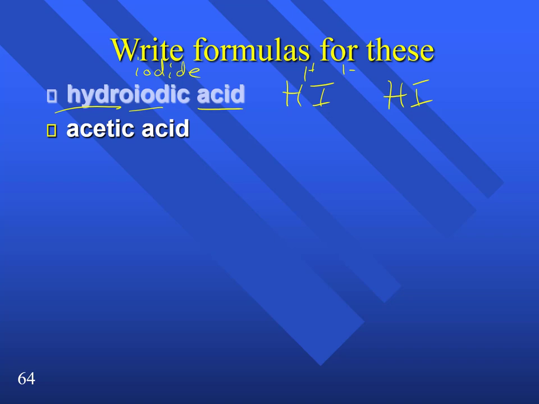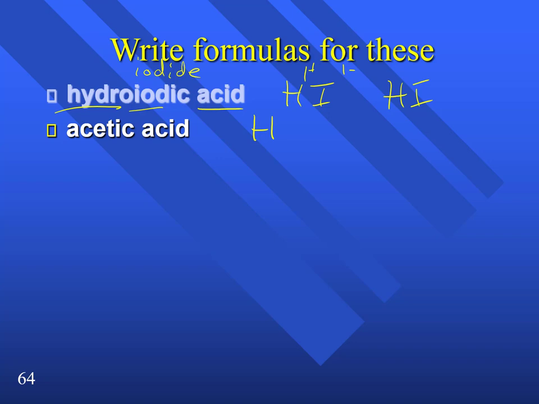This is what vinegar is. Vinegar is a solution of acetic acid. I'll do the first half. H. Hey, so what's the anion for this one?